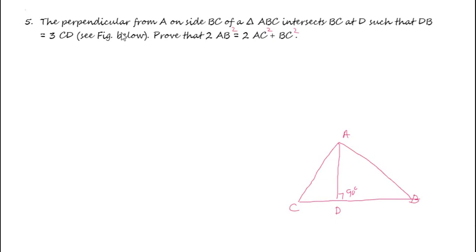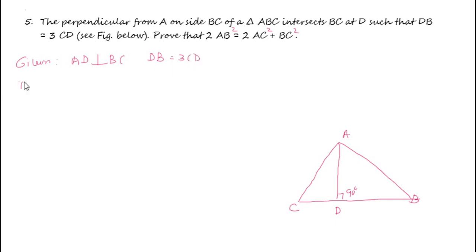Next exercise, the perpendicular from A on side BC of a triangle ABC intersects BC at D such that DB equal to 3CD. See the figure below. Prove that 2AB square equal to 2AC square plus BC square. So what is given here is AD is perpendicular to BC and DB equal to 3CD.